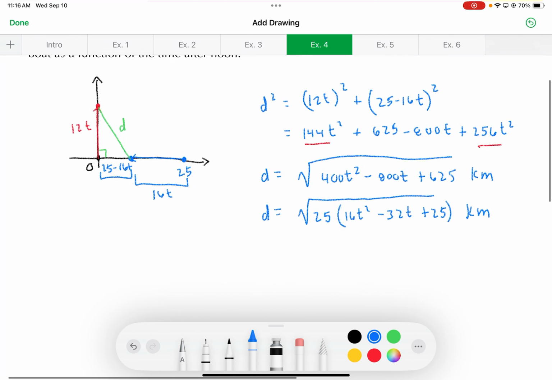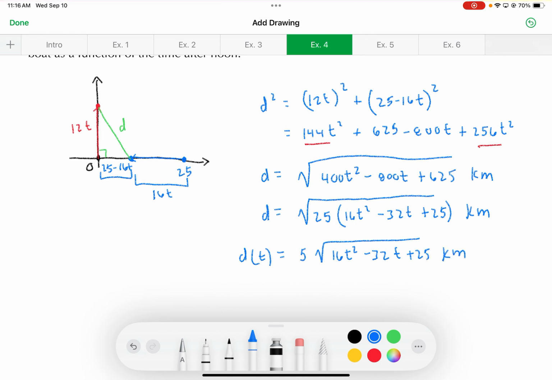And then why don't I finish off with my final answer here, going to the function notation. The distance between the rider and the boat at any given time t would equal 5 times the square root of 16t squared minus 32t plus 25. There we go.